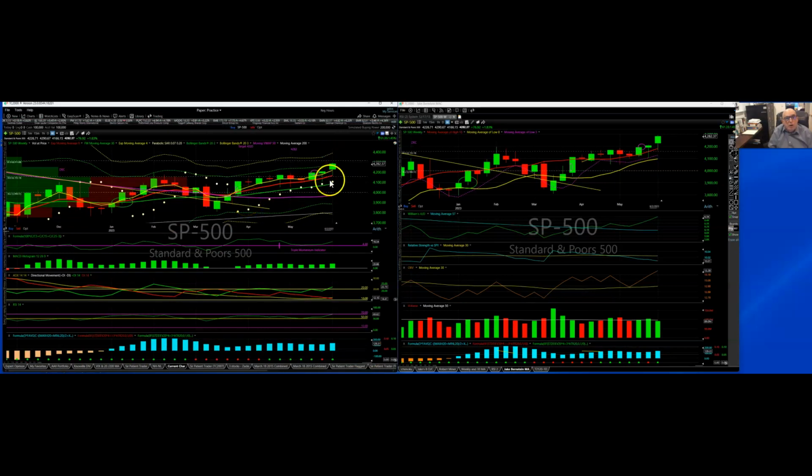So if we go to the top of the screen here, let's deal with trend first. You can see that on the weekly chart of the S&P, this is the S&P, right? On the right side of the screen, we have the 4 EMA, exponential moving average, above the 9 EMA, the exponential moving average, which is above the 30 front-weighted moving average.